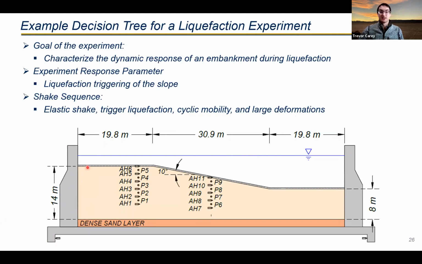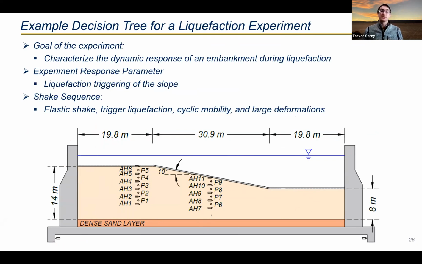This experiment just consists of a flat bench, a 10-degree slope, and another flat bench with some liquefiable sands underneath it. The experimental response parameter that I was interested in, and the whole reason to develop this experiment, was again the liquefaction triggering of the slope itself.